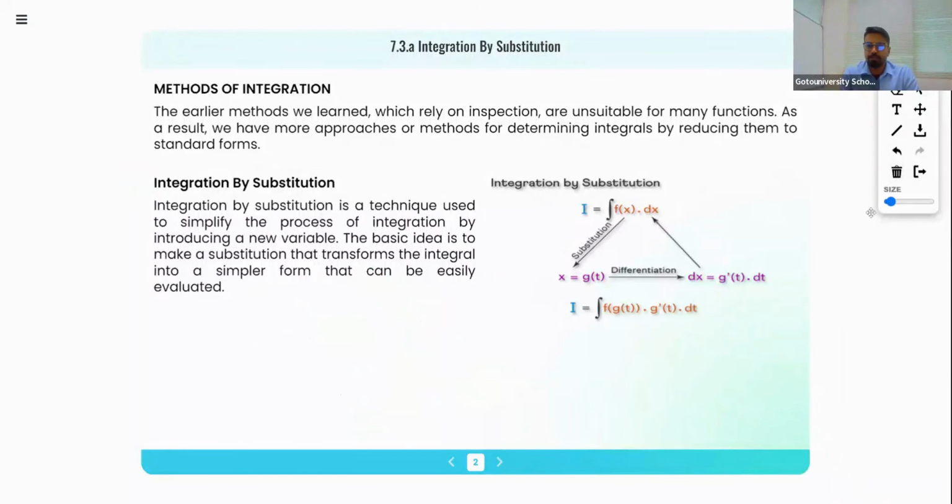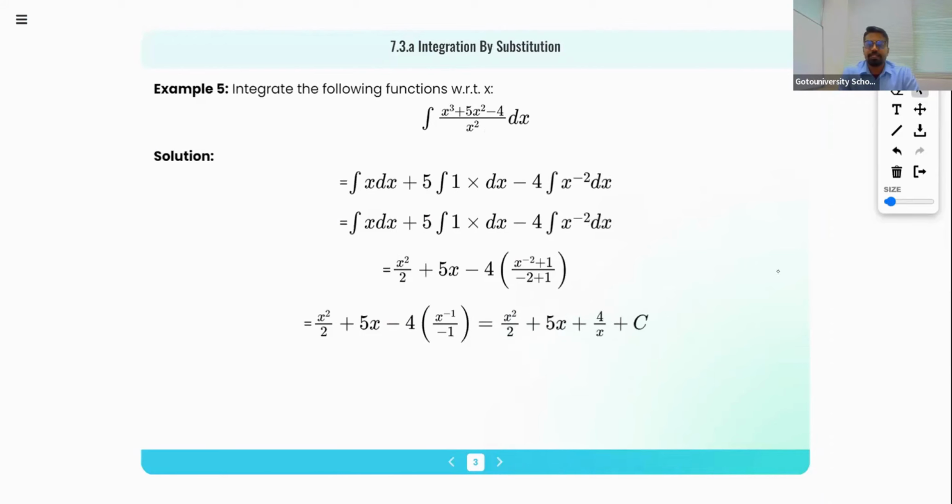Let me take an example quickly, or we can take it from this presentation itself. There is a numerator which has x cube plus 5x square minus 4x. Let me rewrite this. It is the integral of (x cube plus 5x square minus 4x) divided by x square dx.